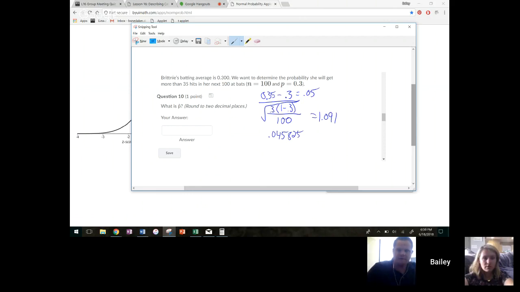Yeah, so that makes more sense. So which number is the value then? So it's 0.35 minus, I think it would be 0.35.